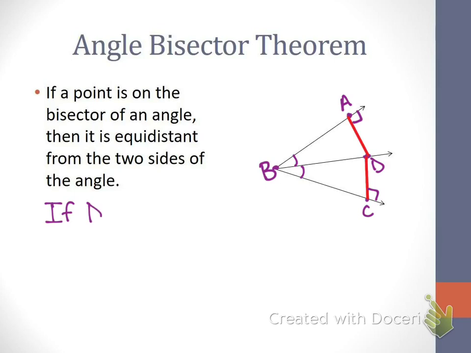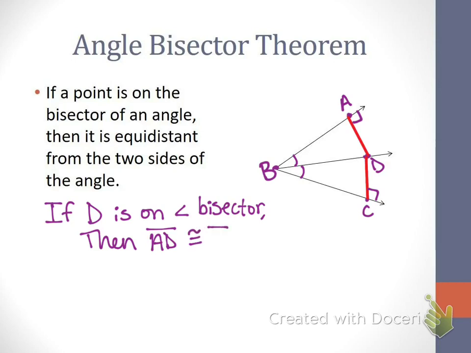So if D is on the angle bisector, then segment AD is congruent to segment DC. Those would have to be the same.